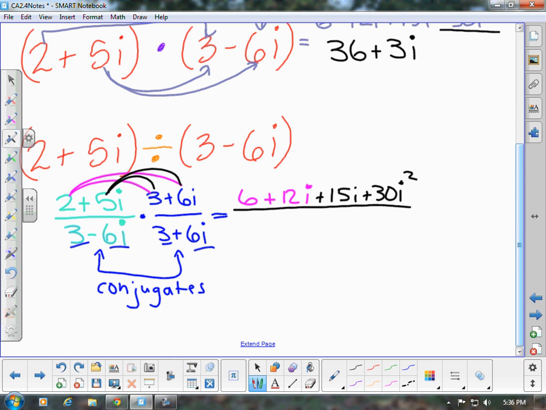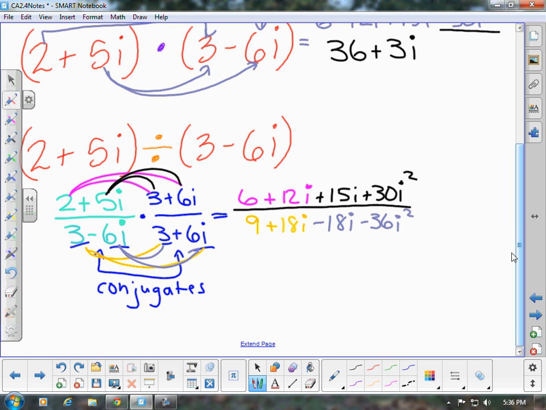And then that is all over, and then multiplying the bottom, distributing the 3 first would be 9 plus 18i, and then also 6i times 3 and times 6i, and a negative 6i times 3 would be a negative 18i, and a negative 6i and a positive 6i would be a negative 36i squared.